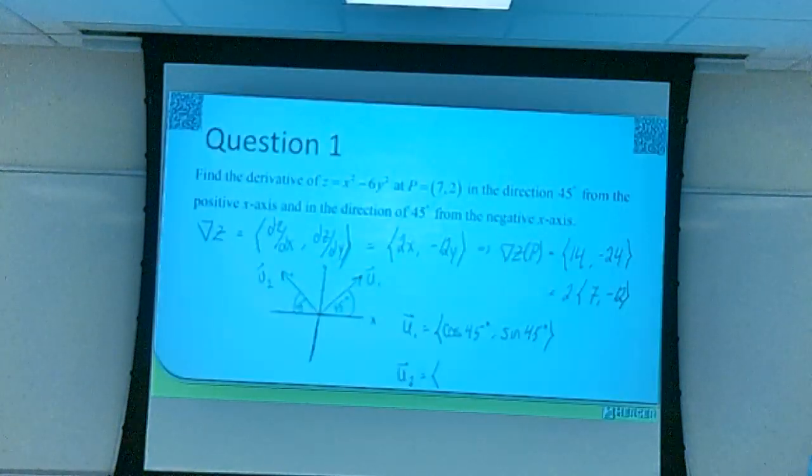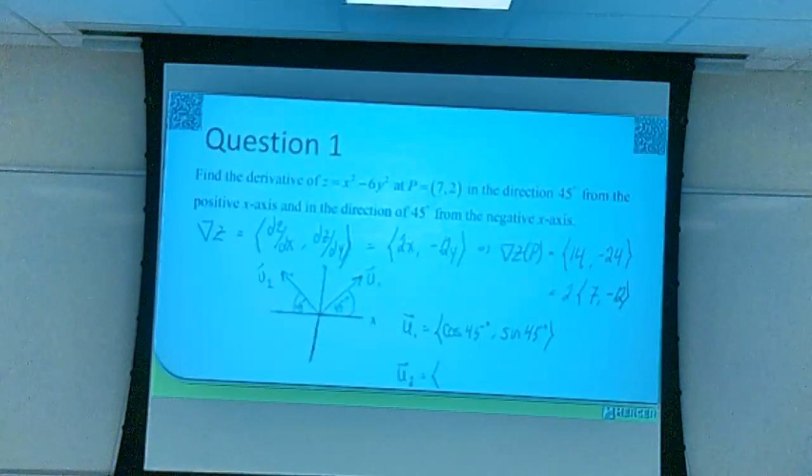How would you write U2? Is it negative 7 cosine 45?